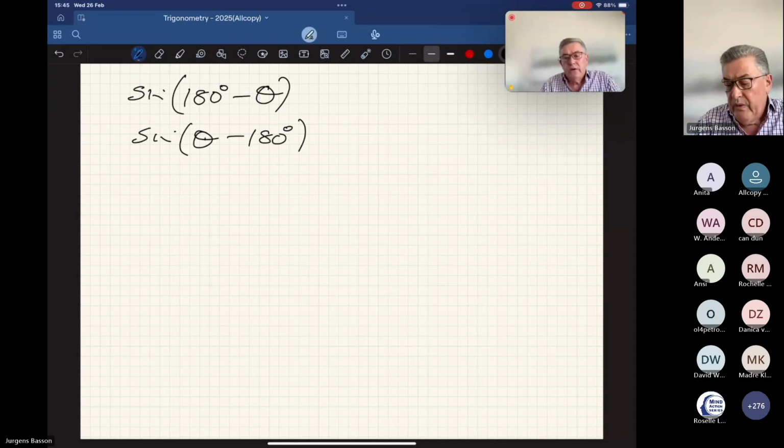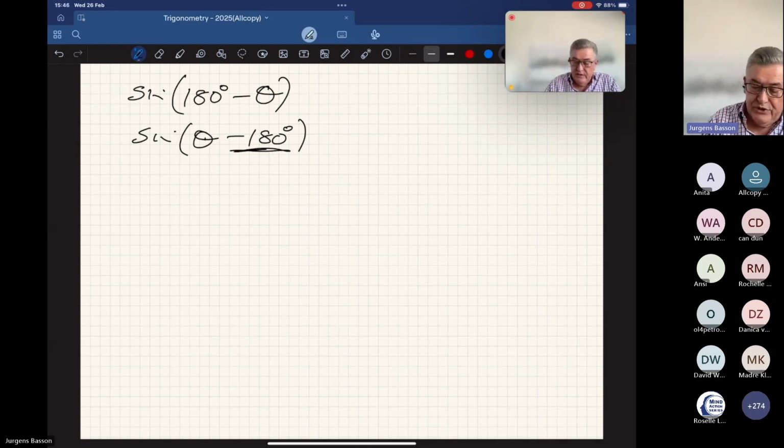Now, hopefully you all agree that the 180 plus doesn't matter. It's only the 180 minus, and of course the 360 minus as well. When I look at sine of theta minus 180, the angle 180 is negative, and I don't like it.